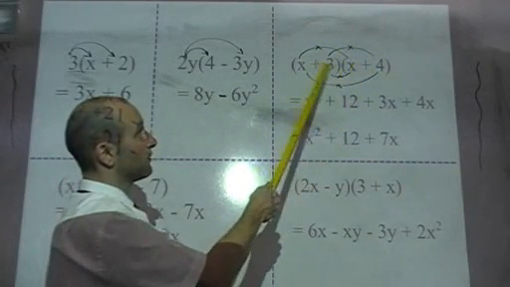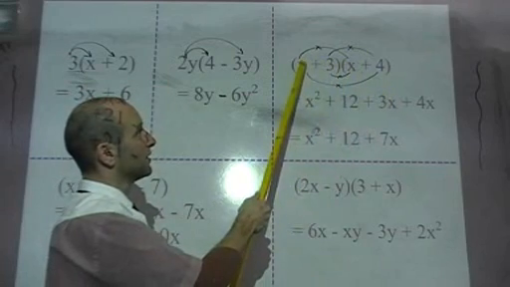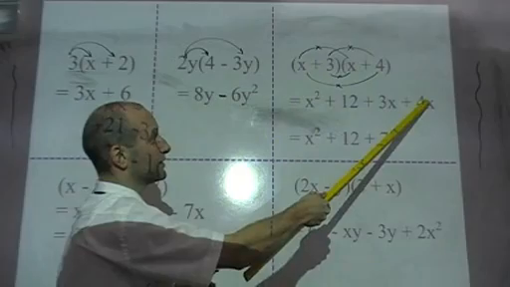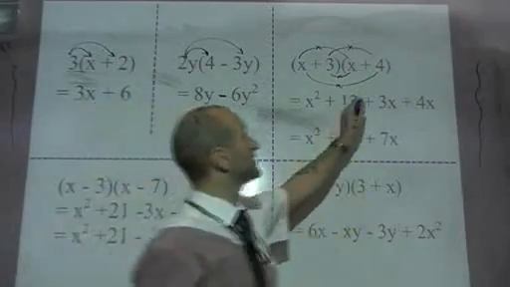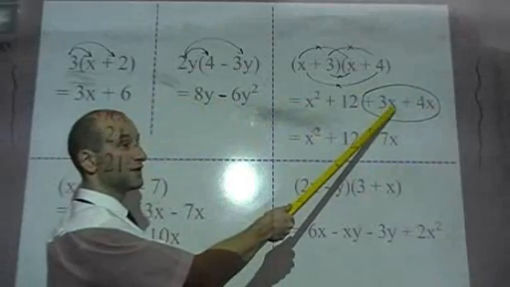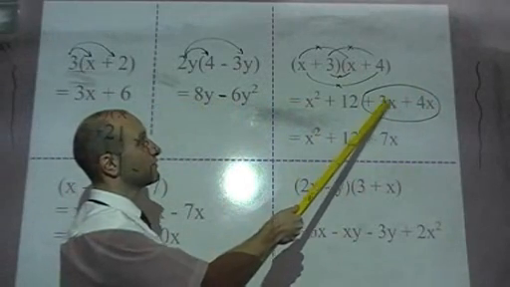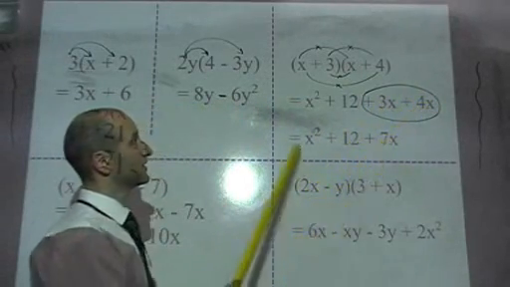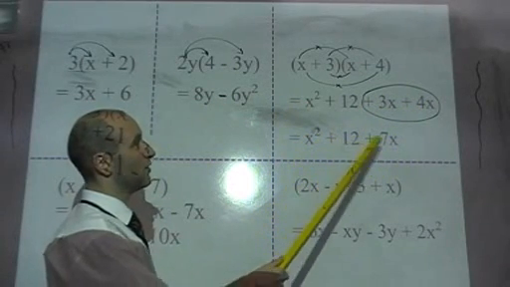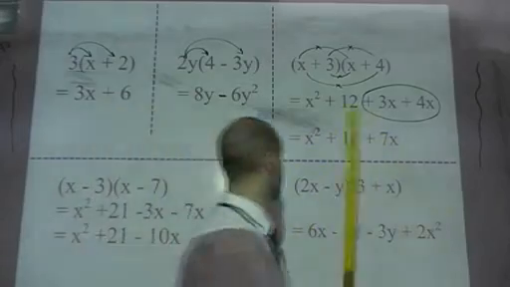The nose, 3 times x is 3x, the mouth, x times 4 is 4x. Now, I can then simplify these two, because they're the same letter to the same power, so 3x plus 4x is 7x. So my final expression is x squared plus 12 plus 7x.